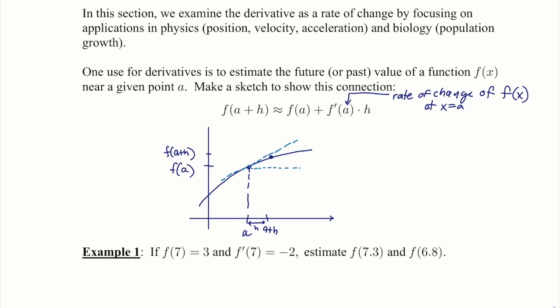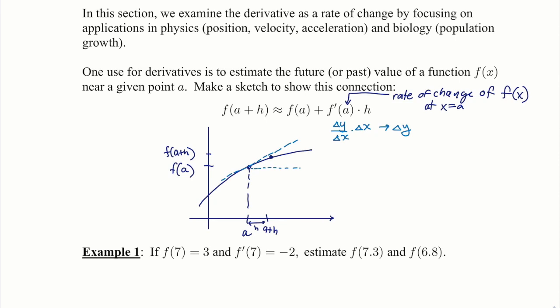Remember, derivative is change in y over change in x, and h is also a change in x. So if I multiply the change in y over the change in x times a small change in x, I'm going to end up with a change in y.